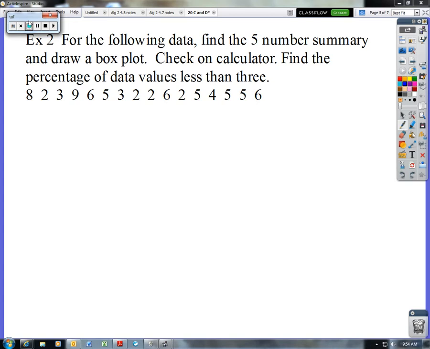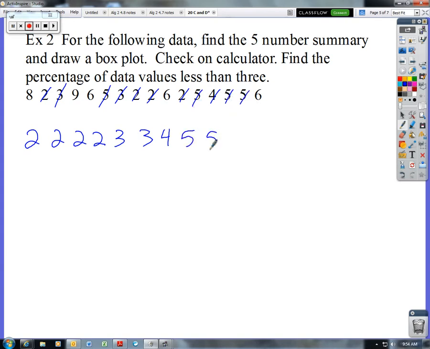So first step, order them. Okay, so I've got 4 2s. I've got 2 3s. I've got 1 4. I've got 4 5s.